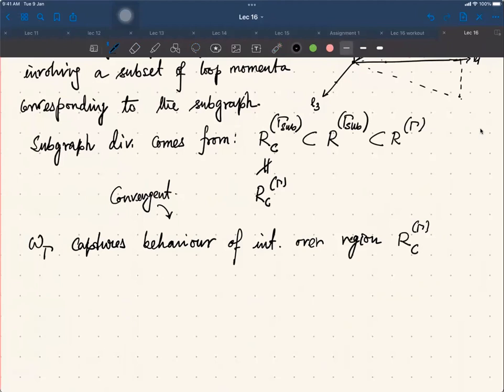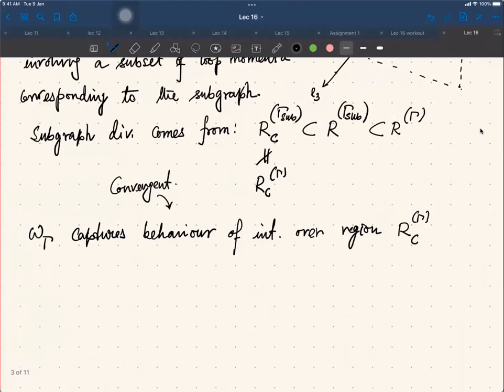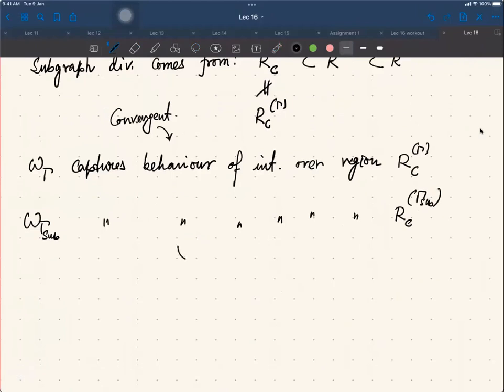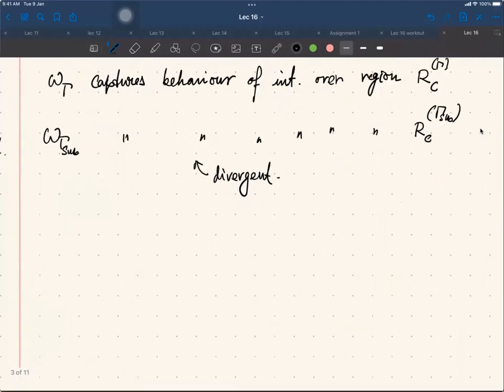If you go to that region of the integration, you don't see any divergence; rather it looks like a convergent contribution. However, omega gamma sub captures the behavior of integration over region R gamma sub C, and this behavior is divergent, which is quite possible. This is what superficial means.